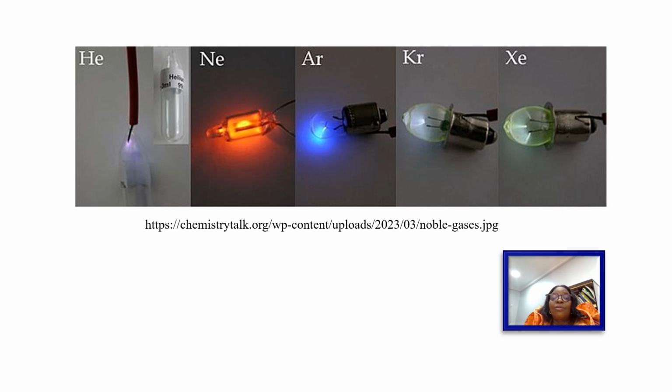Each noble gas glows a different color. For example, neon is reddish orange, like in neon signs. Argon shows blue, and krypton glows a whitish purple color. It's so beautiful.